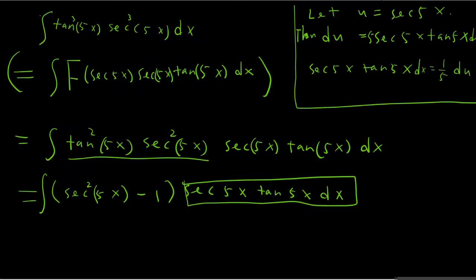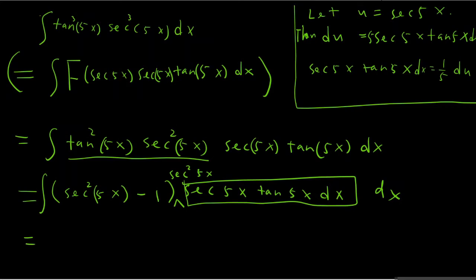You're right, I forgot that factor. Sorry about that. I forgot that factor, so can I add the factor to here? There should be a factor of secant of 5x the whole thing squared, right? Now we're ready to convert everything in terms of u.